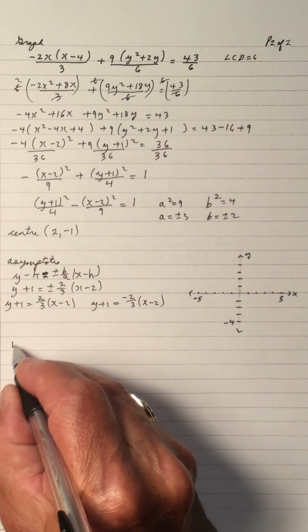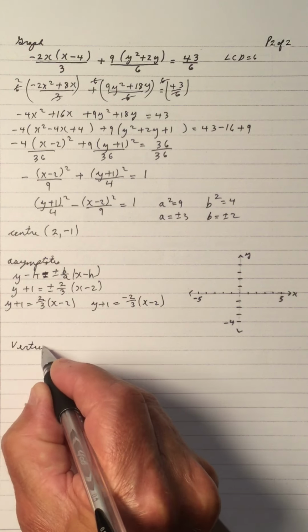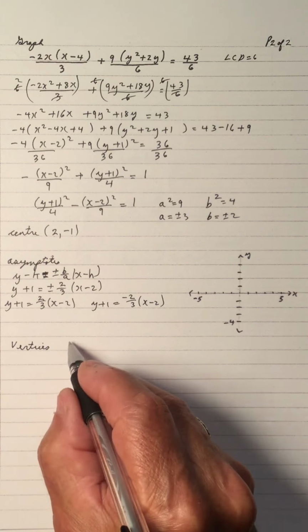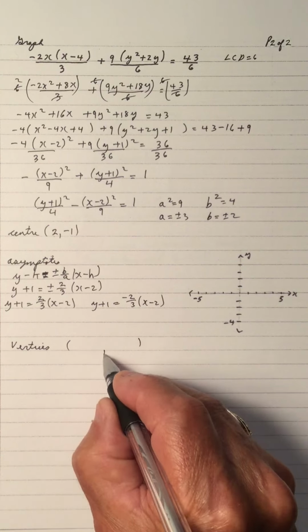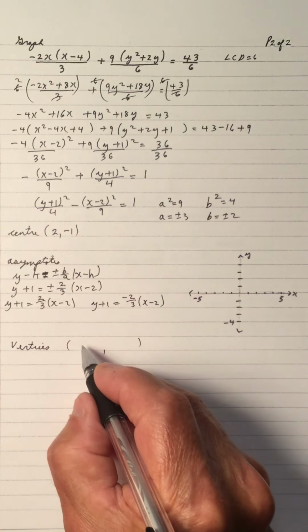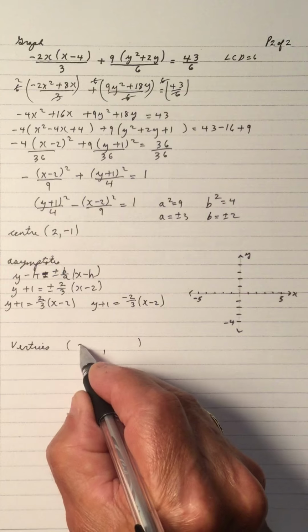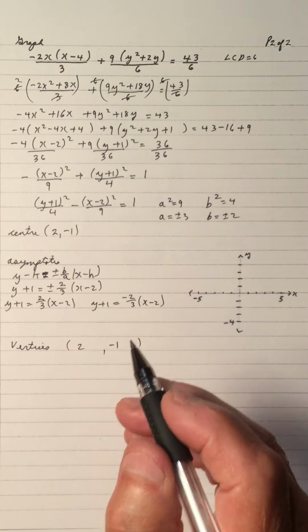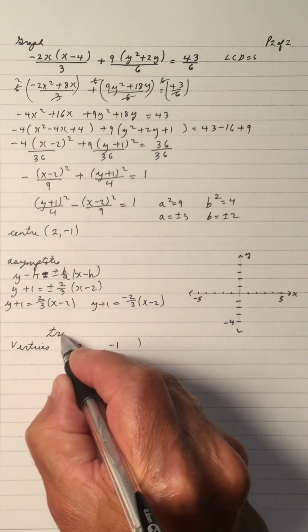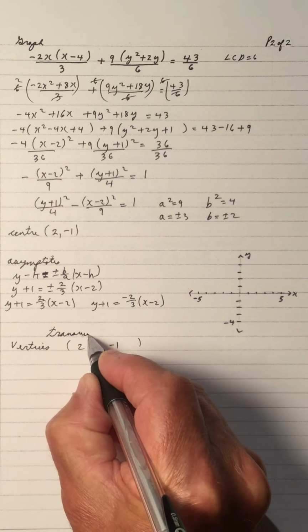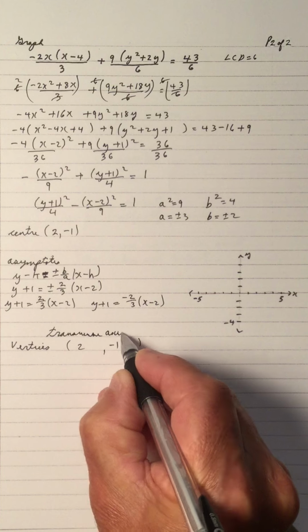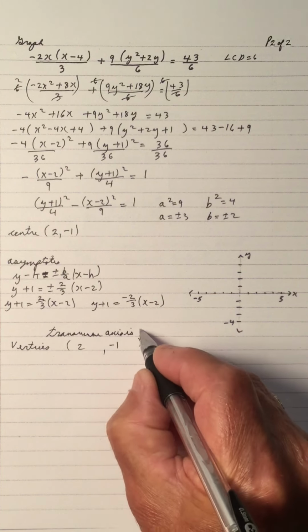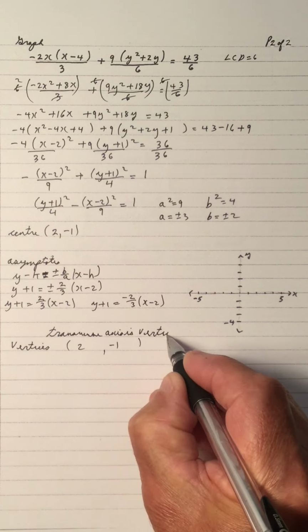Now let's look at the vertices. So the vertices are from the center. The center is 2, negative 1, but we forgot to say the transverse axis is vertical. Why?